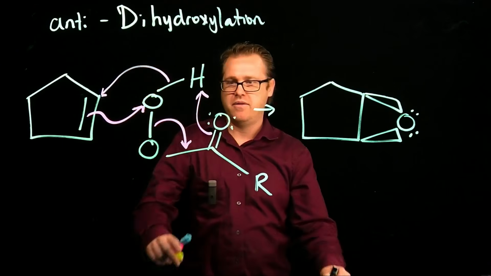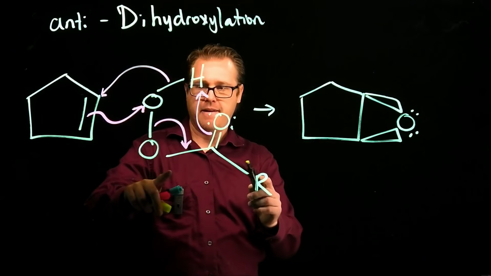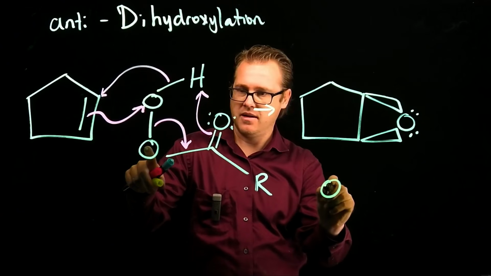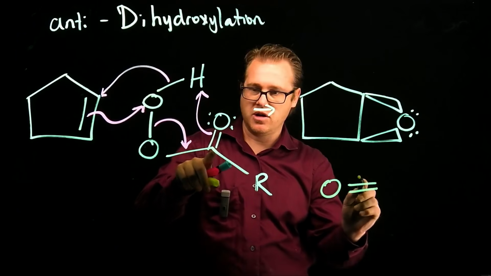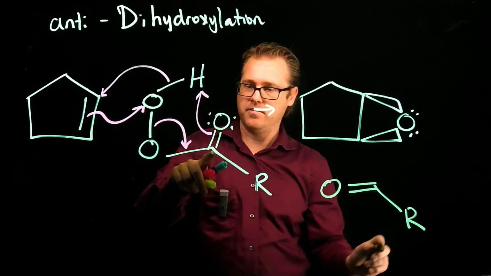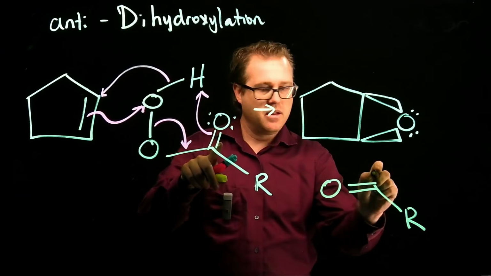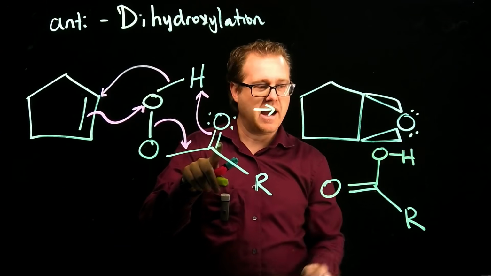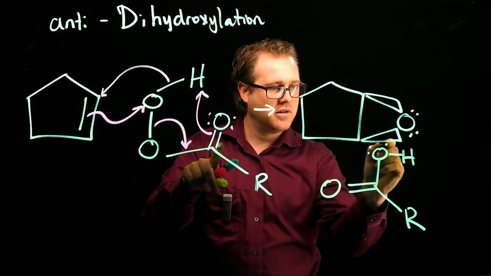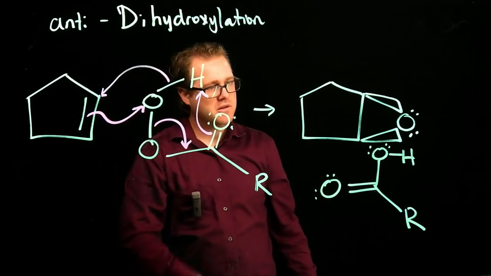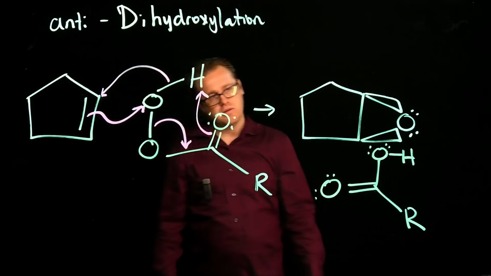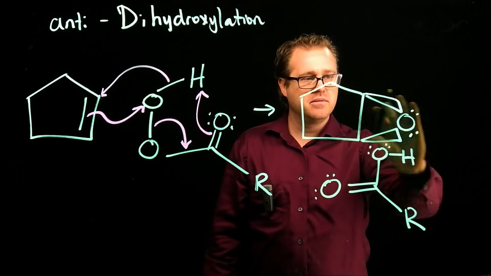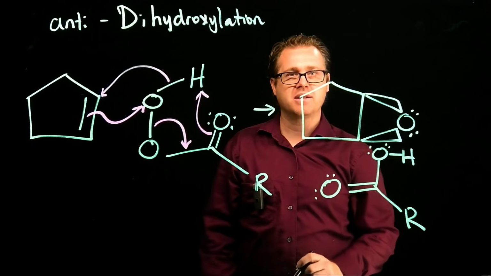And then what do we have left over? We have this oxygen. This oxygen is this guy, double bonded to a carbon, which has an R group, which then grabbed the hydrogen on the oxygen. Look at that. So what did we generate? We generated an epoxide and a carboxylic acid.